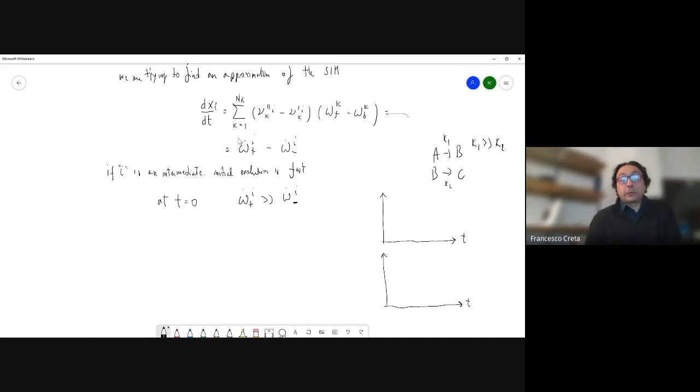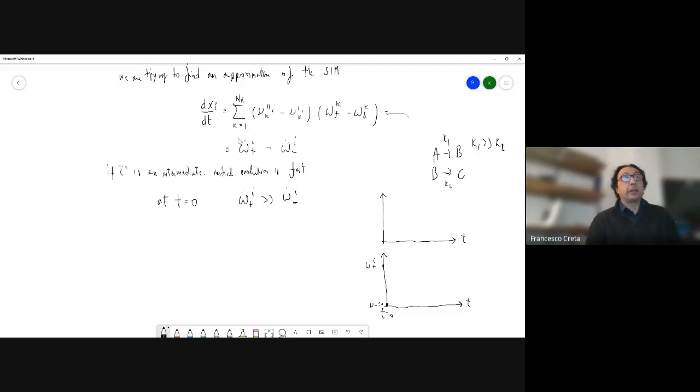So at t equals 0, we can say that omega plus is over here, and we can suppose that omega minus is almost 0, so it's over here. Okay, so what does that mean?